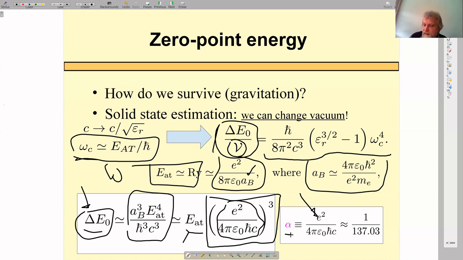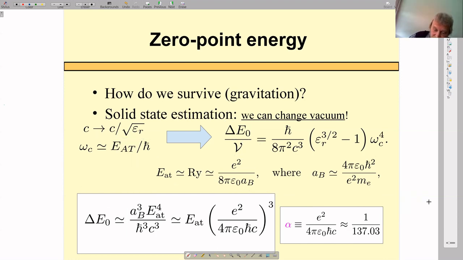This fine structure constant is a dimensionless quantity which appears to be small, like 10 to the minus 2. All our world, as we will see from many examples in this course, is made just by the fact that alpha is small. And we see that this also sets the difference of scales between zero-point energy and atomic energy.